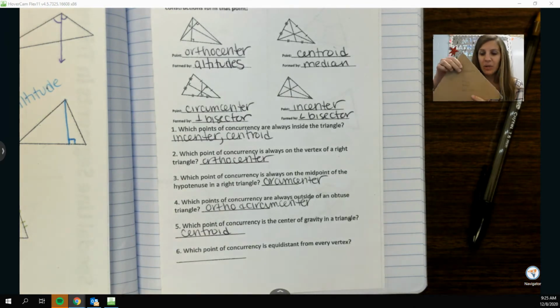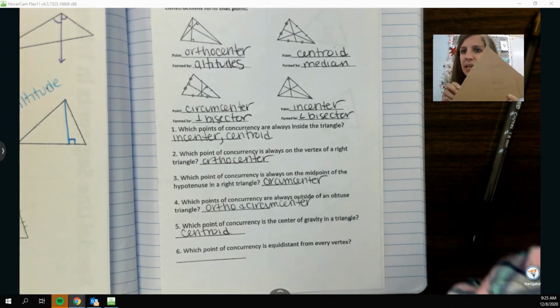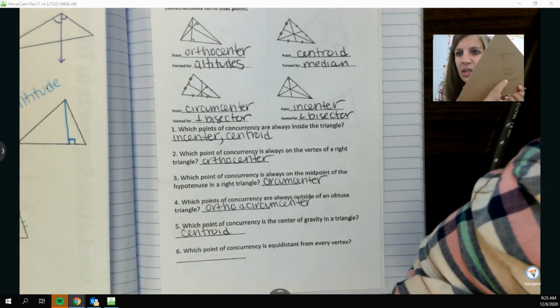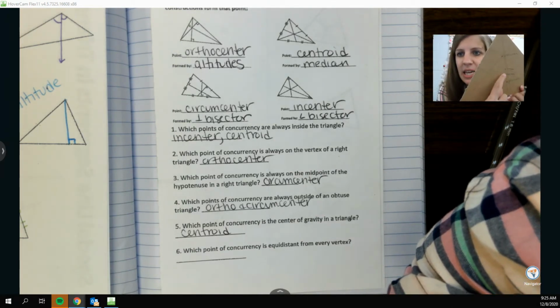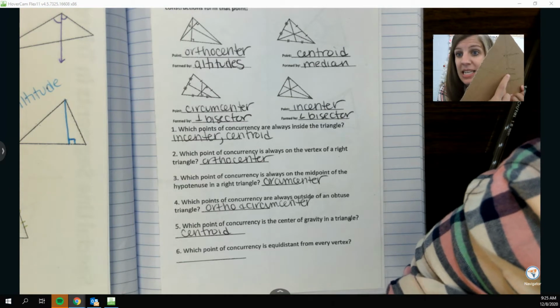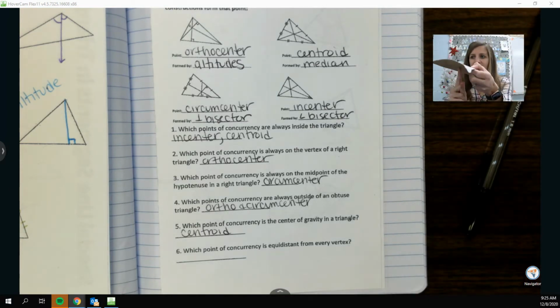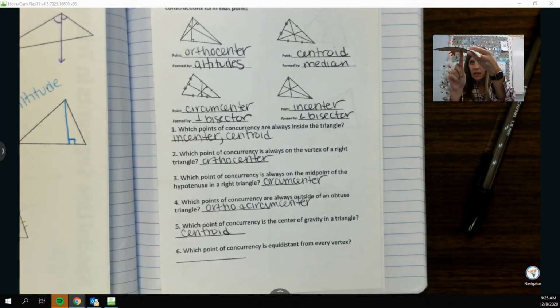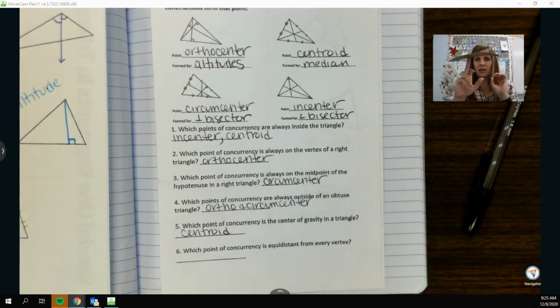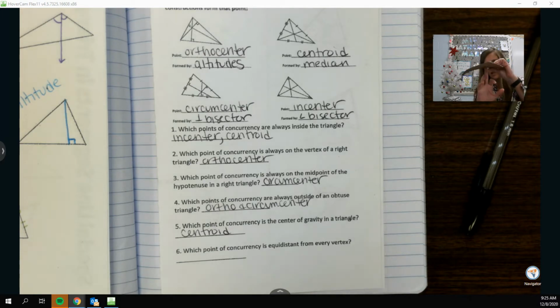Okay, so I have this cardboard triangle here. You can maybe see all of our points of concurrency are drawn on it. Specifically, this one right here is the centroid. If I put my finger on that, and I don't have nails, and the triangle isn't bent, the triangle will balance on that point.